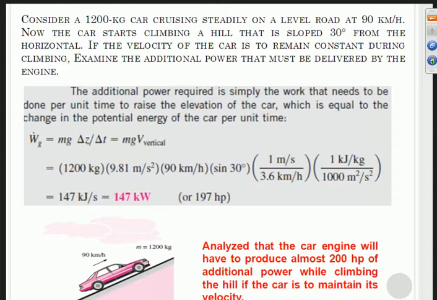That means around 200 horsepower additional power is required for the vehicle. If they understand this, they can participate in many competitive examinations. They can estimate with simple thermodynamics, the first law of thermodynamics, and they can design their own cars.